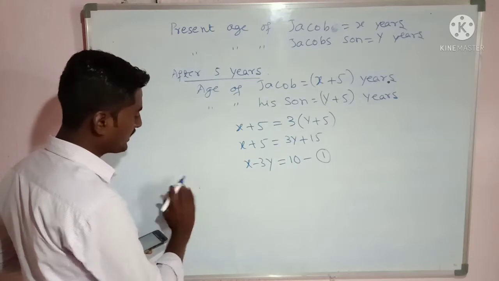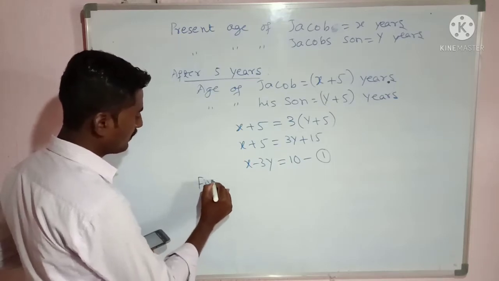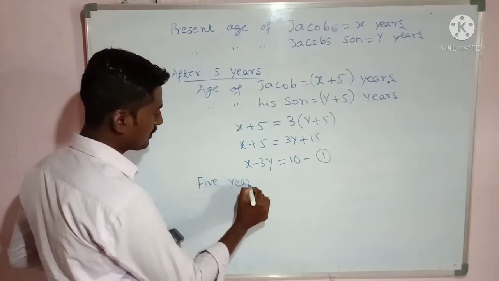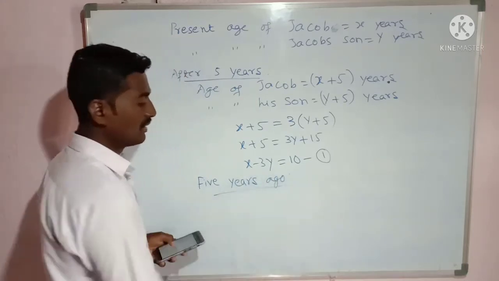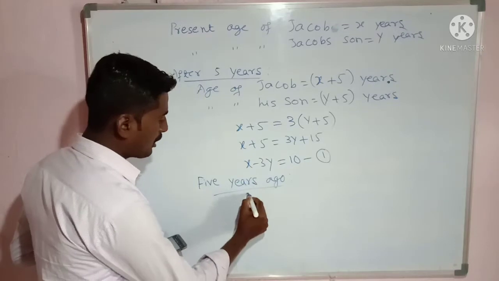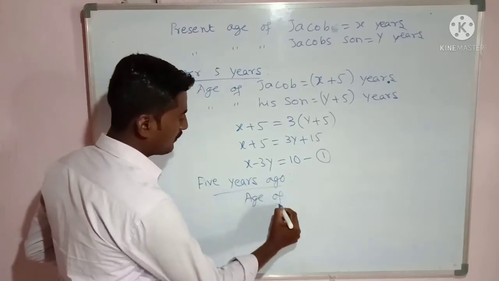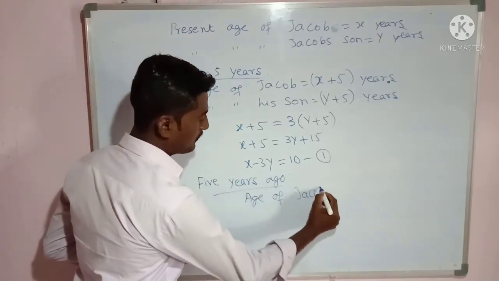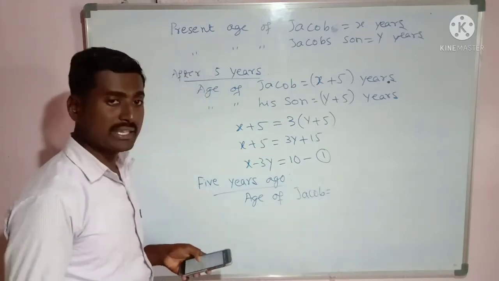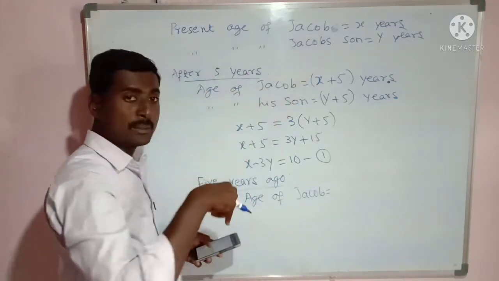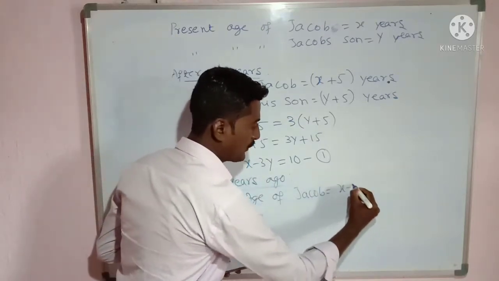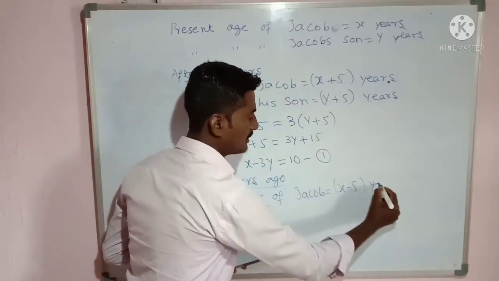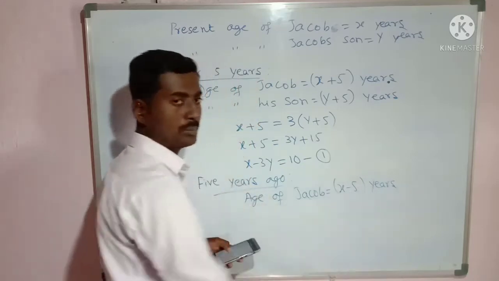Now, the age of Jacob 5 years ago: the present age is x, and 5 years ago is nothing but x minus 5 years. This is the age of Jacob.